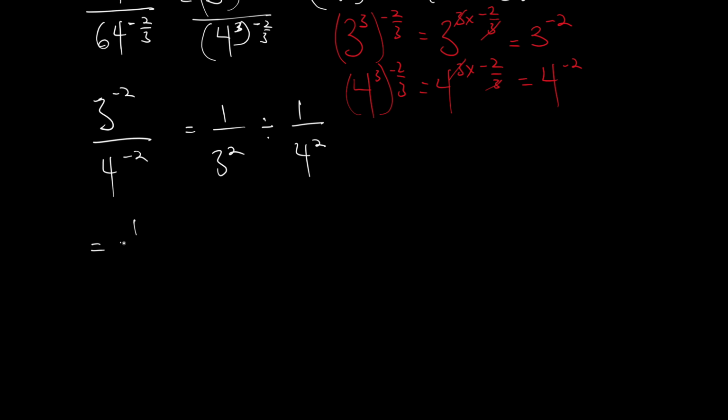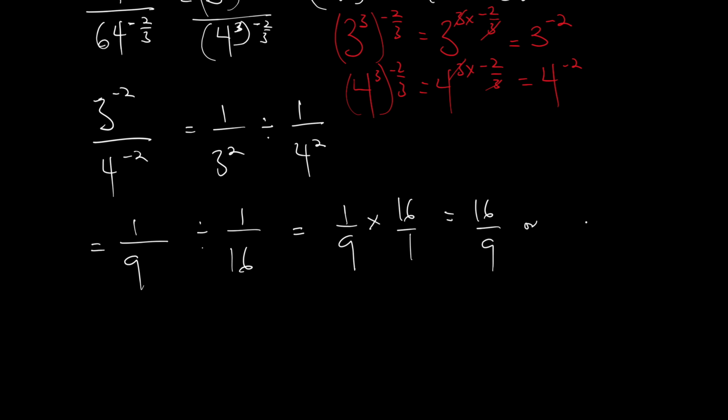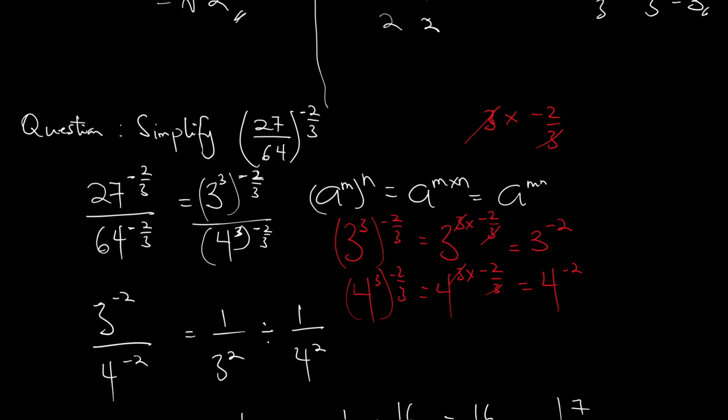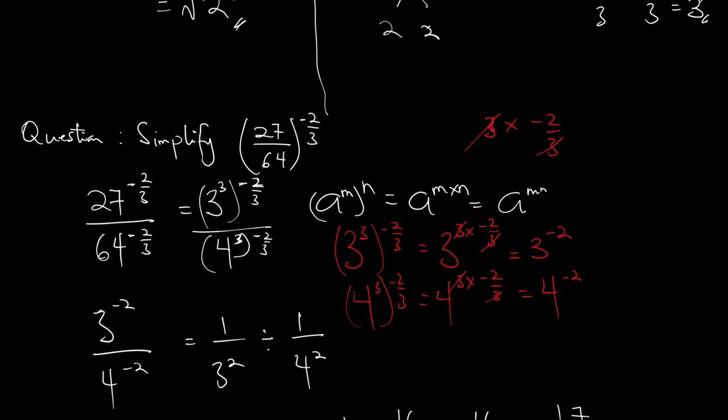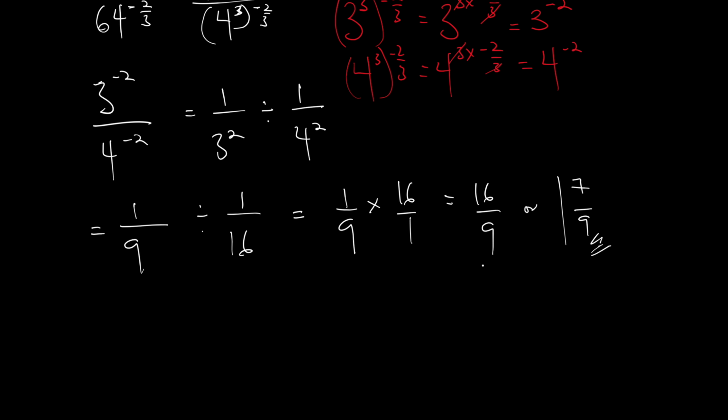This will give us 1 over 3 raised to the power 2, which is 9, divided by 1 over 4 raised to the power 2, which is 16. And this is equal to 1 over 9 times 16 over 1, which is equal to 16 over 9, or 1 whole number, 7 over 9. So we have simplified this to this or this.